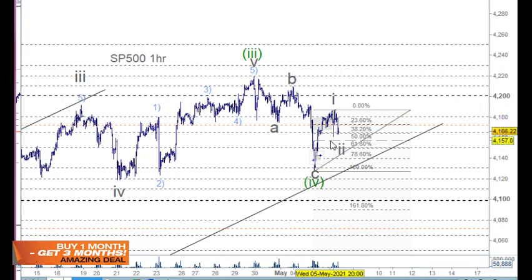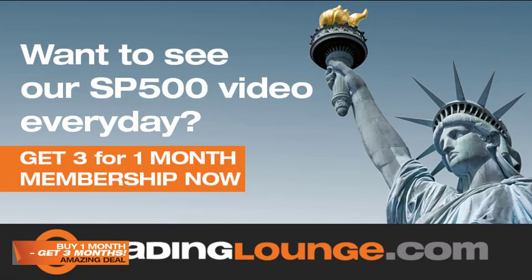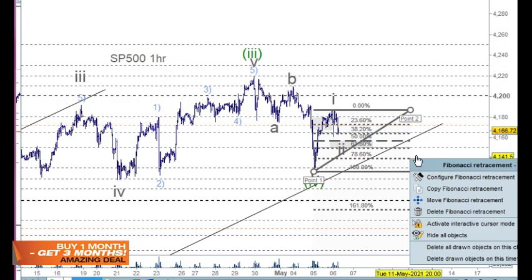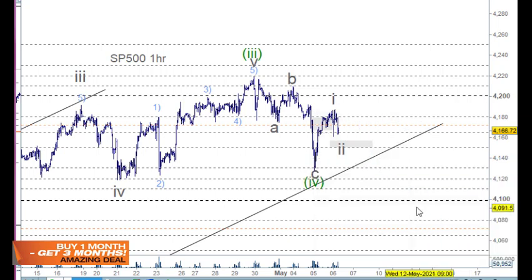We'll take a closer look at this again, but really the midpoint here, the 41.50, we don't want to see it below that in this move down. Being wave 3 here leaves us with an A wave, a B wave and a C wave here, and then a 1 and 2, and we're pushing up higher at that point.